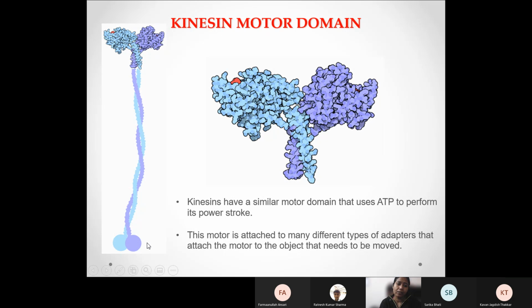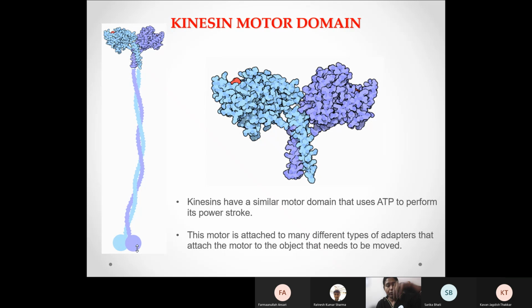But the end where it binds to cargo is now attached to the bead. Simple setup. So you have a bead, you have a kinesin motor attached to the bead, the cargo end is attached to the bead, and the other end is free and it can walk on the microtubule.